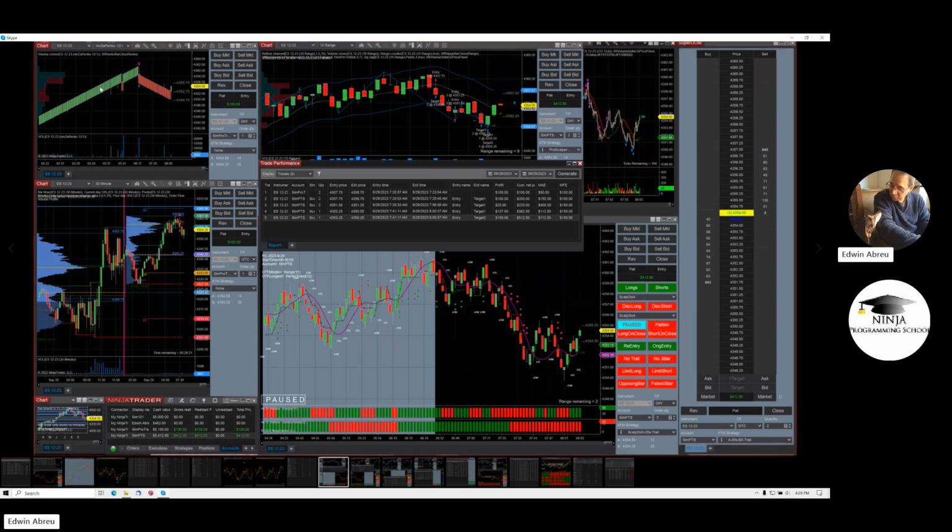So how do I get into a long? Well, okay, I'm looking at my 10 and I can notice that this big 10 range bar is building and it's near the top of here. Like this bar here is about to close. All right, so I see that. And then I say, okay, well, that's kind of high.